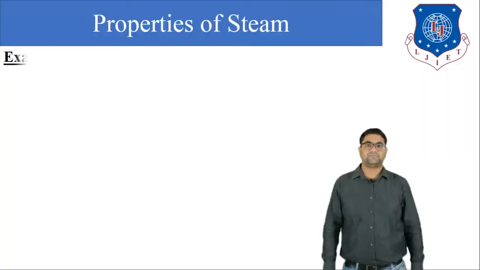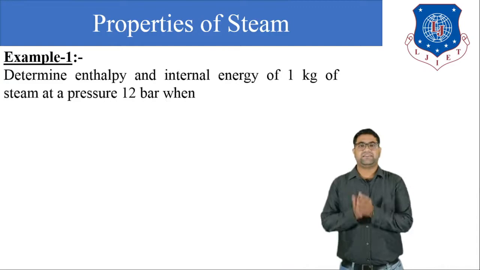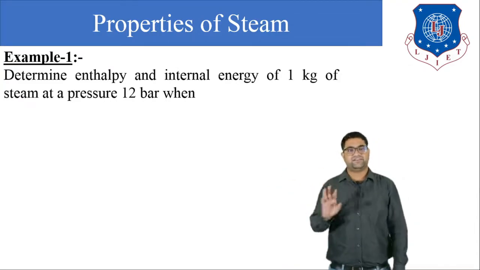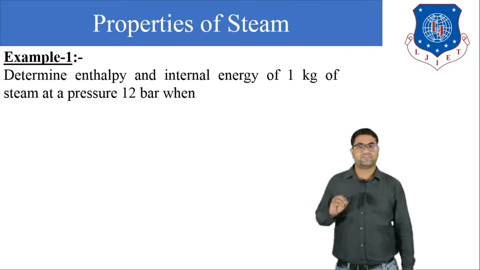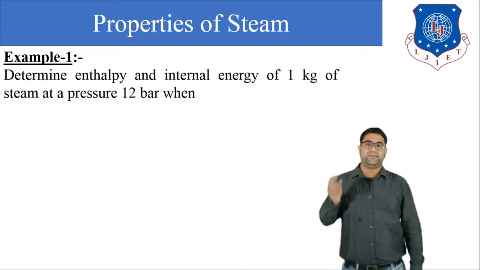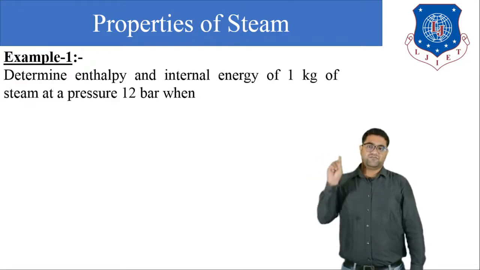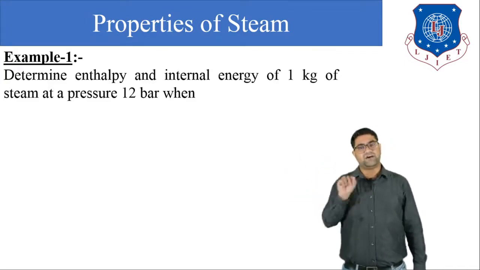The first example is to determine the enthalpy and the internal energy of the steam at a given condition. What is the given condition? That is 1 kilogram of steam, so the mass of the steam is constant, 1 kilogram, and the pressure is given, that is 12 bar. So here all the values will be at 12 bar pressure, and in the steam table you have to see the 12 bar line.